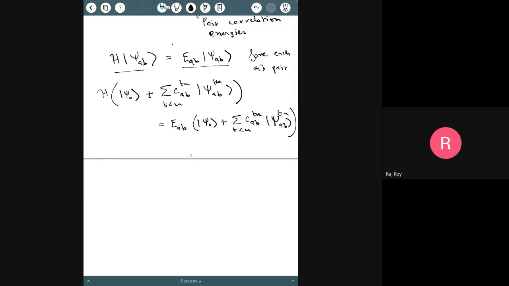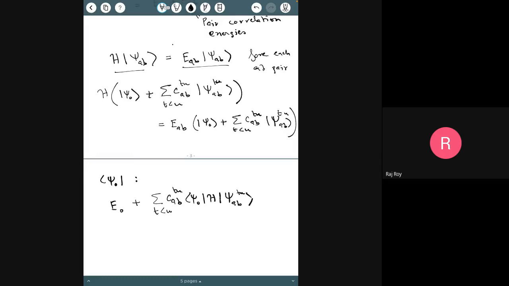Fine. Now this equation I project once with psi 0, and I get E0 from the first term plus the sum over t not equal to u of C AB to TU psi 0 H psi AB to TU.